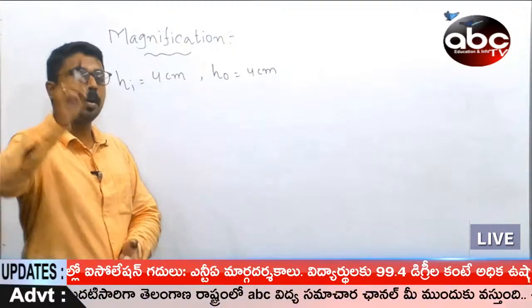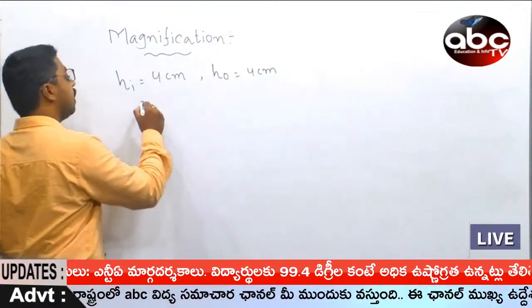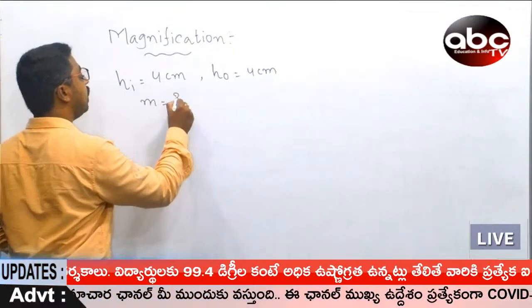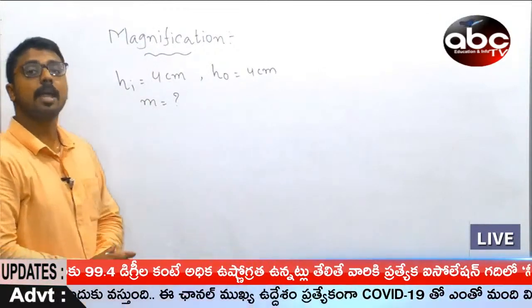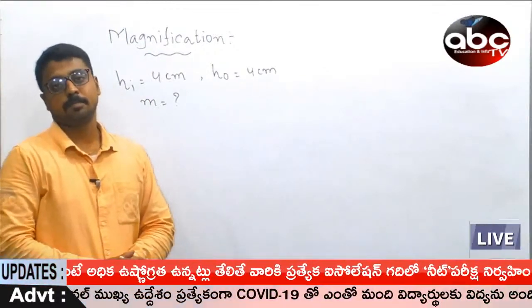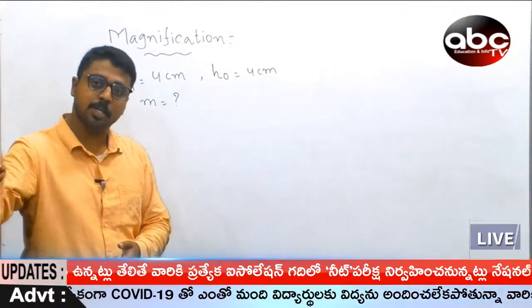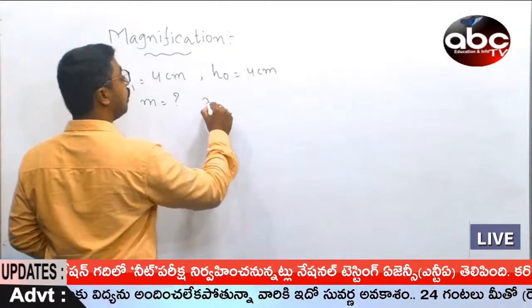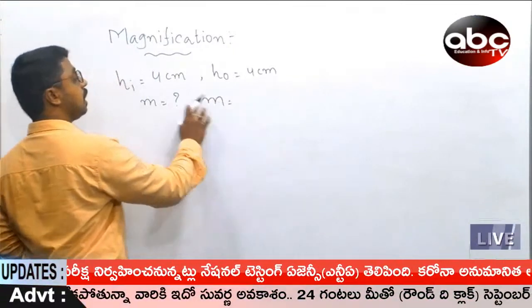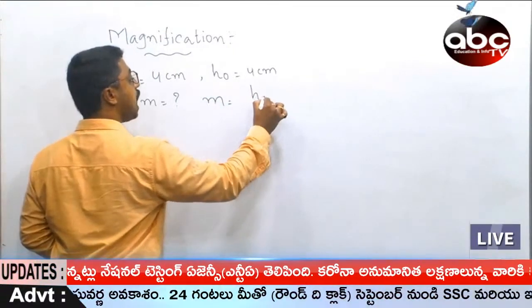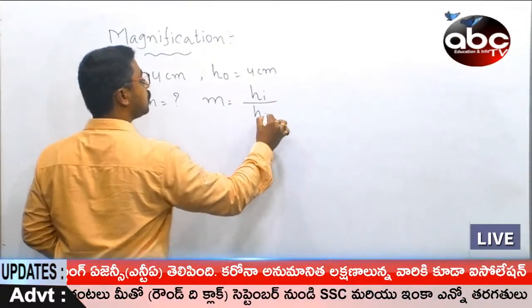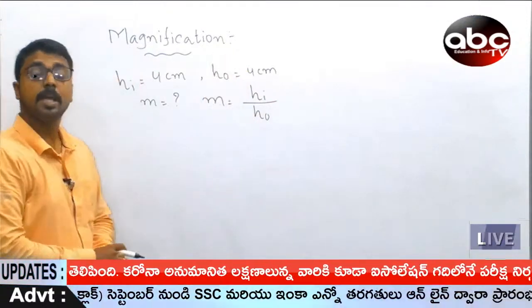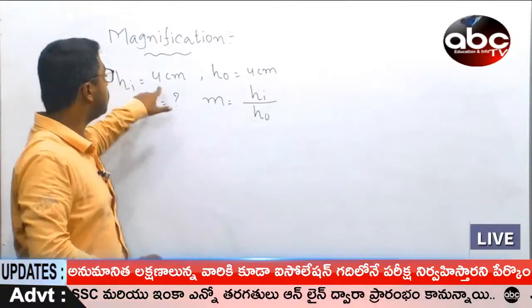Right. Now the question I am asking is, what is the magnification power? Both are the same. Do not get confused. We have a formula that m is equal to hi by ho. What is the HI?